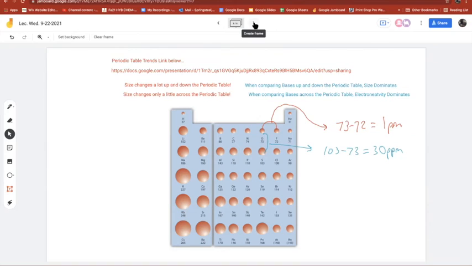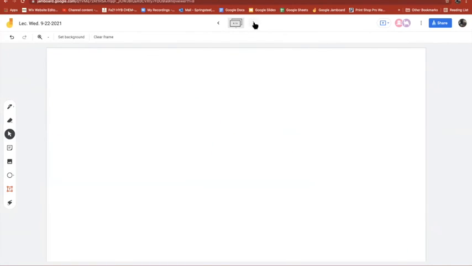So with this newfound information, let's look at some examples. So what do you think's a stronger acid? Let's go with ammonia and phosphate.